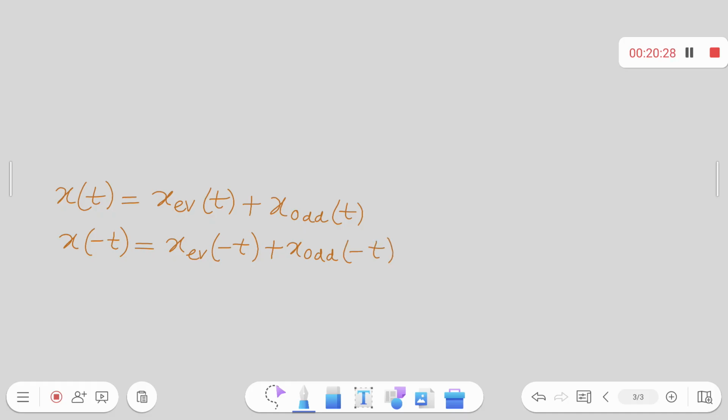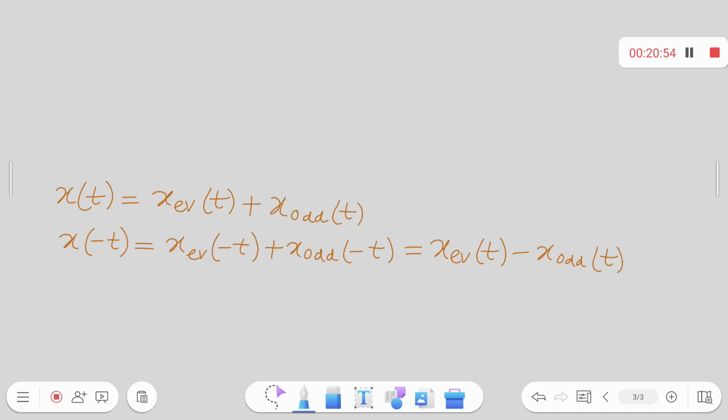Simple identity: you just replace t with minus t, giving x_even(-t) plus x_odd(-t). Now, since x_even(t) is an even function, x_even(t) is equal to x_even(-t). And since x_odd(t) is the odd function, x_odd(-t) is equal to minus of x_odd(t).